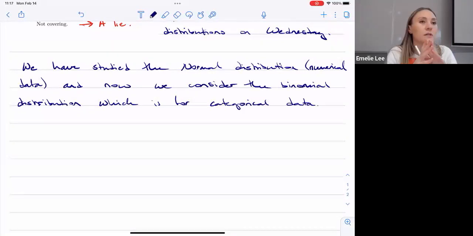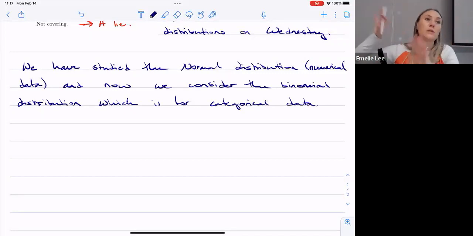Specifically, categorical data with only two outcomes. I think we've talked about it before, where you can have many categories, but if there's one category that you're interested in, then it was, yes, you're in that category, and all the other ones would be coded as no, they're not in that category.